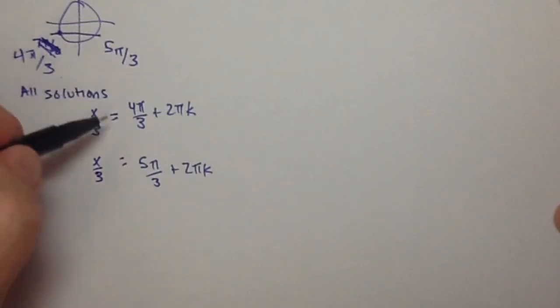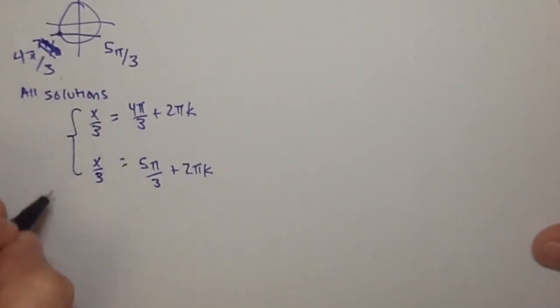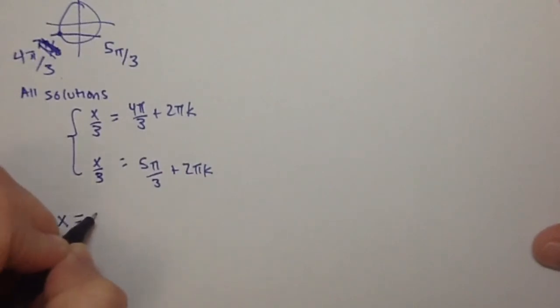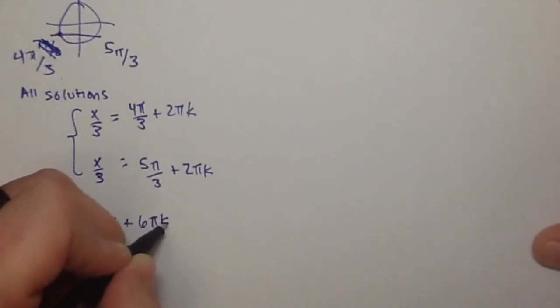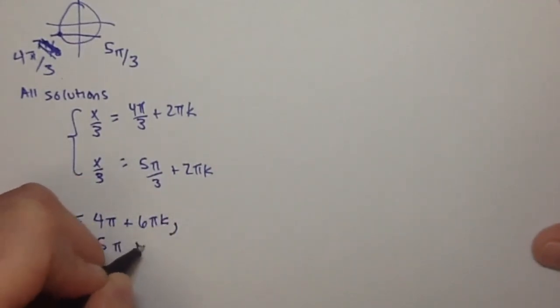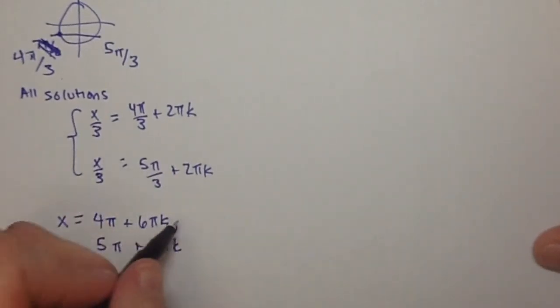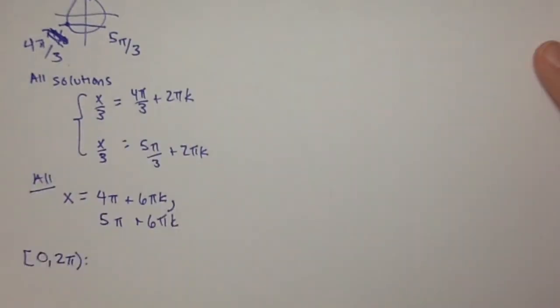Okay, but then when you multiply by 3 on both sides, putting it together, you have x equals 4 pi plus 6 pi k, or x equals 5 pi plus 6 pi k. This is all solutions. And then particular solutions from 0 to 2 pi doesn't exist.